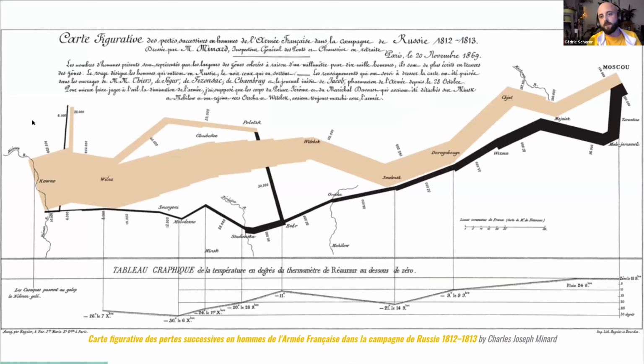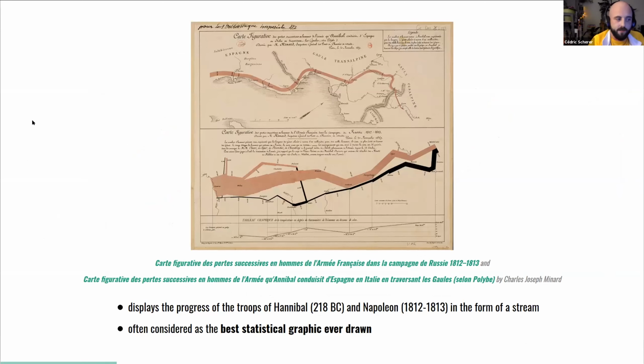Also, this one you might know, this is the famous Napoleon map by Charles Minard, which is considered one of the best statistical graphics ever drawn. This is from 1869, if I'm correct.